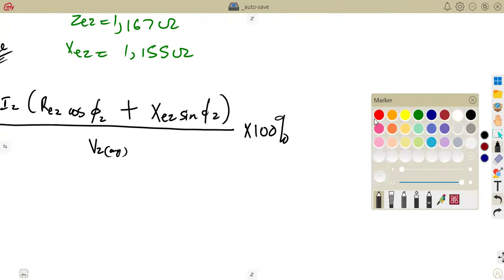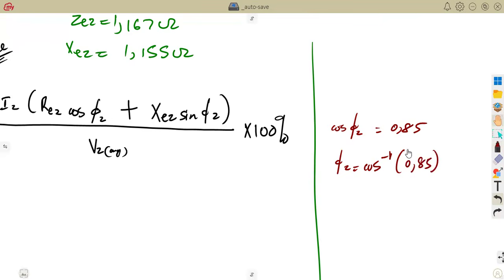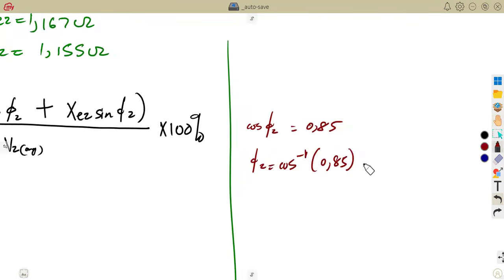Power factor is cos, so from our power factor we've got cos phi 2, which is 0.85. So we find our angle. Remember, that's arc cos of the decimal you're given, from your calculator. That gives us 31.788 degrees.